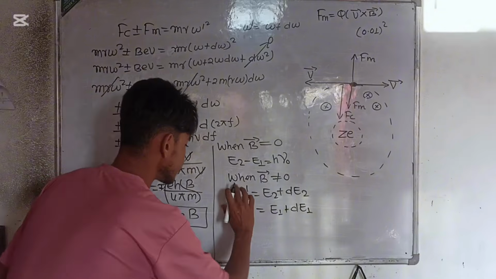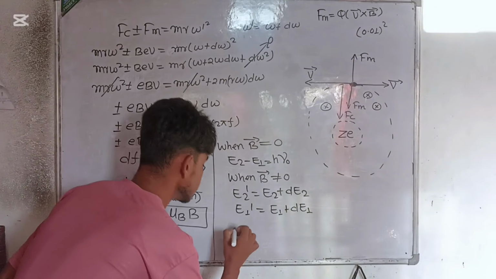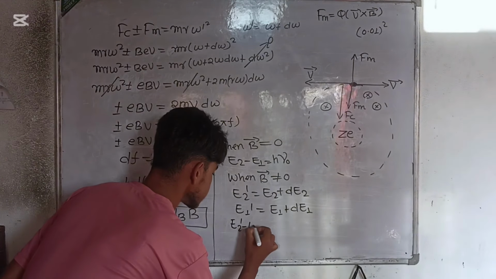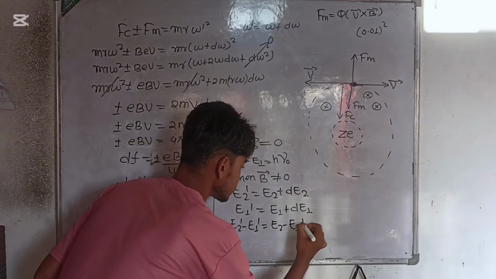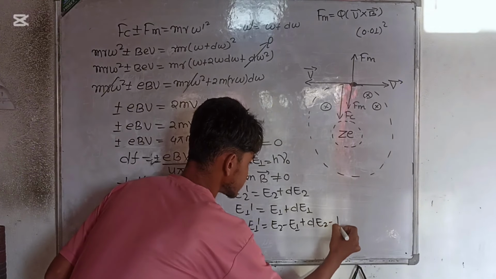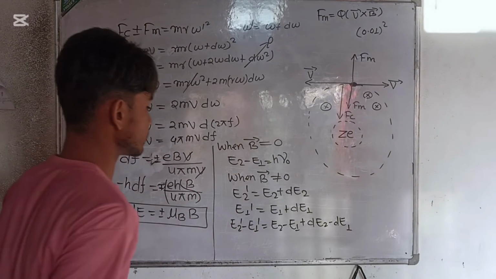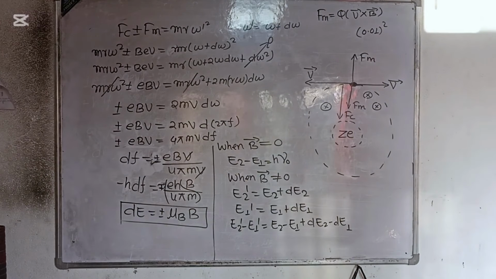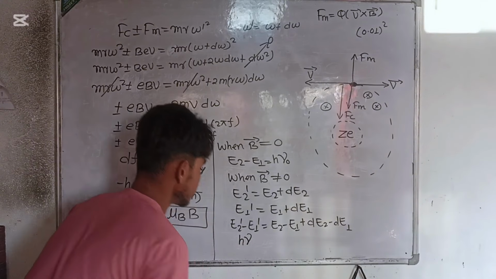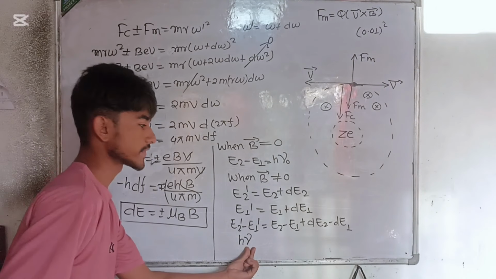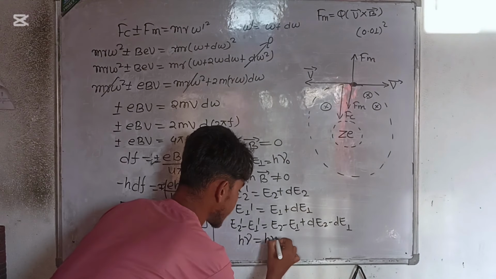So E2 dash minus E1 dash gives you the new photon. So E2 dash minus E1 dash is E2 minus E1 plus dE2 minus dE1. Are you with me? I am just subtracting that term.